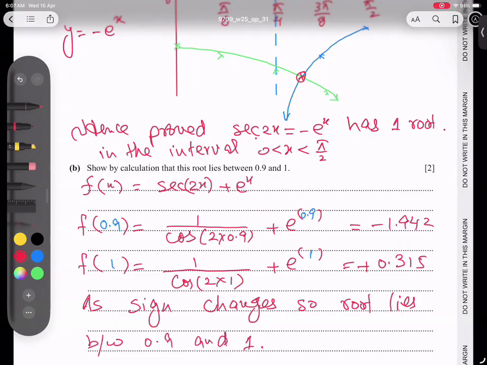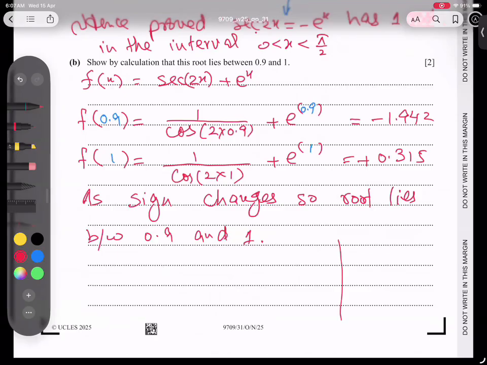Very interesting part. If I show a graphical explanation, you may understand better. For example, this is a curve and this is 0.9 and here it is 1. At 0.9, we have a negative value.